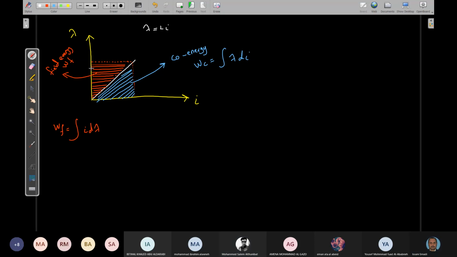Now, if I'm having nonlinear magnetic circuits, so let's assume now I'm having a nonlinear magnetic circuit. The same thing, this is I, lambda, and let's assume I'm having nonlinear saturation. So I will put here some saturation. And let's assume that I'm discussing this point.